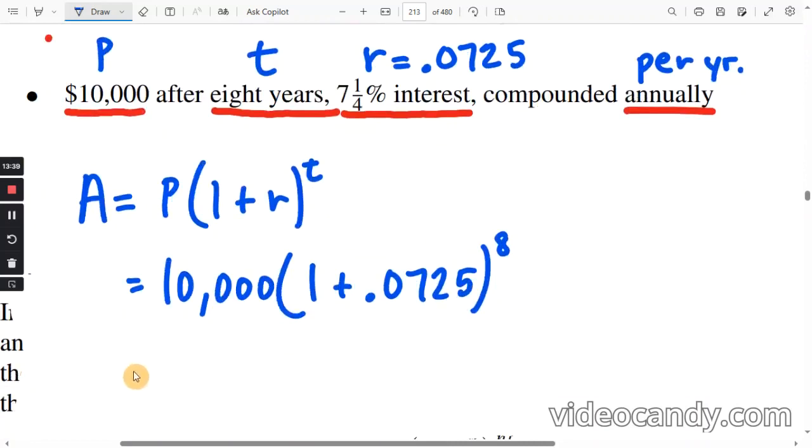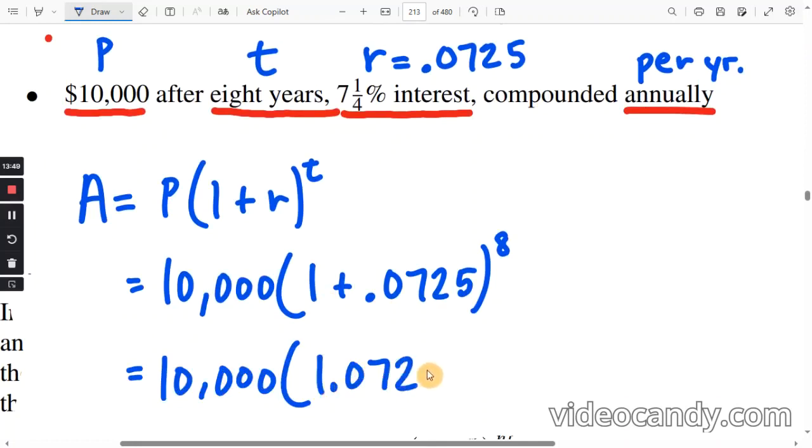You can enter it in the calculator just like that. But if you want to clean it up, that's going to be 1.0725 to the 8th power.